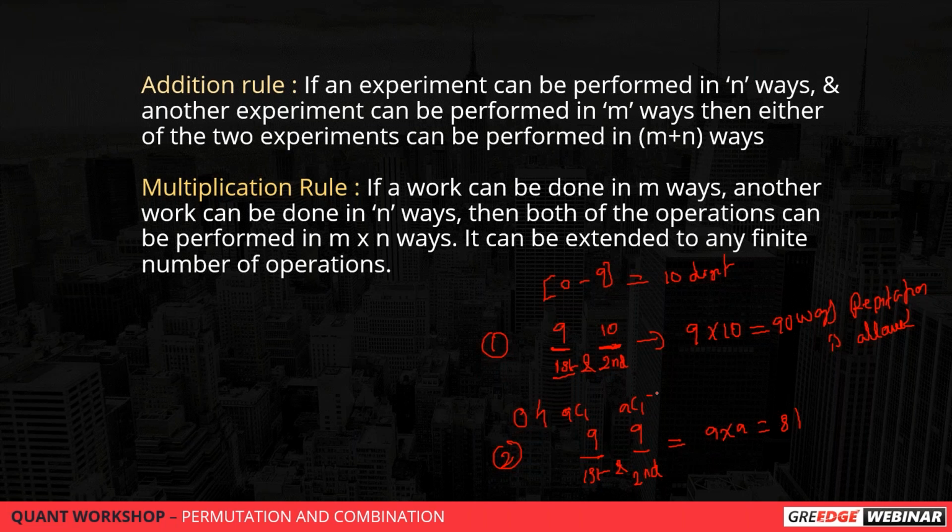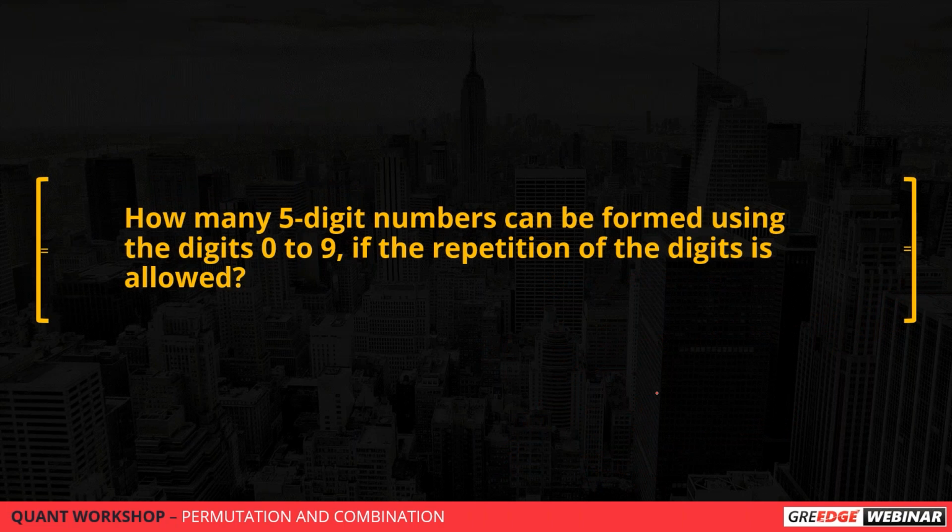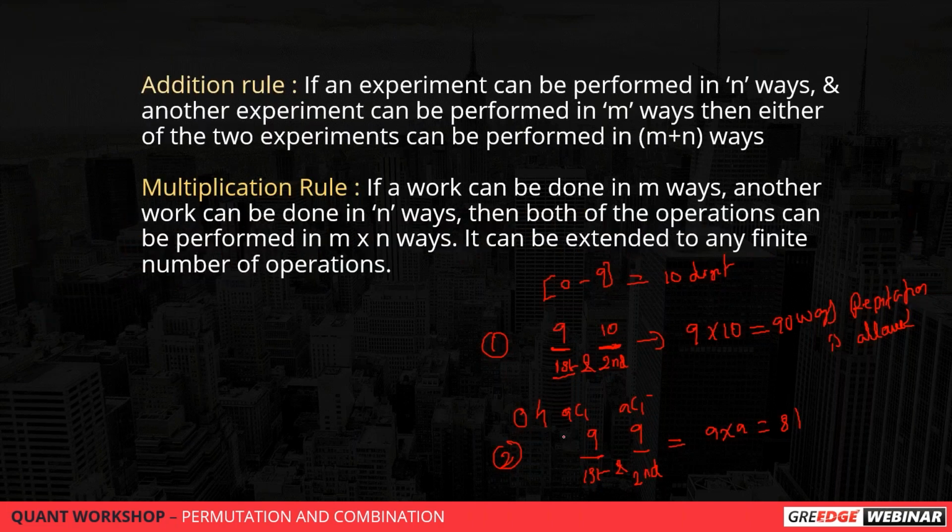Fine. So let me give you a quick question. Yashwati, which part do you have a doubt in? The second part, right? Okay. Are you clear with the first place? We have 9 possible ways to fill it, except 0. Now come to the second digit. Totally how many digits did we have? We had 10 digits, including 0.